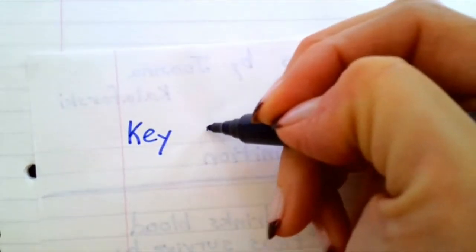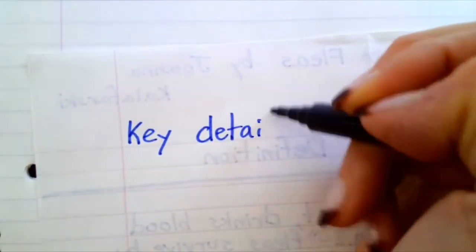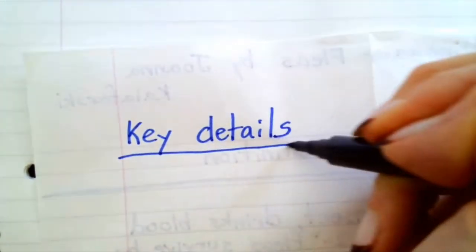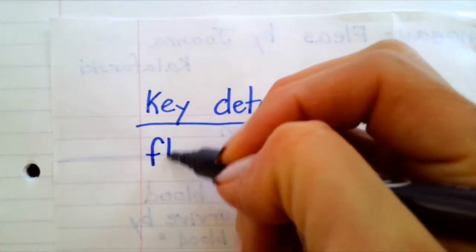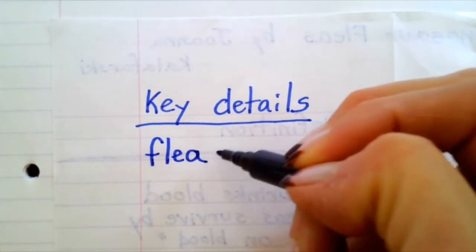Let's get the other side of our tool ready for this. At the top of this side of your tool, let's write key details. Let's use the first key word, flea. So we want to think about who, what, where, when, and why when we look at key details.